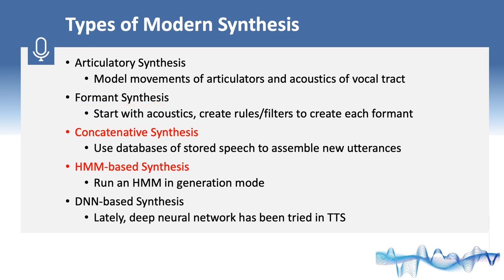Then, a trainable TTS system based on HMM model was established at the end of 1990. Nowadays, deep neural networks have been widely used in TTS. In this session, we mainly introduce the traditional techniques, concatenative synthesis and HMM-based synthesis.